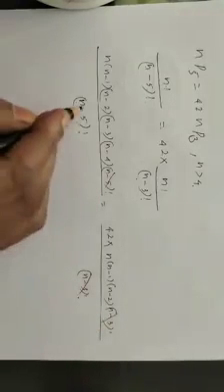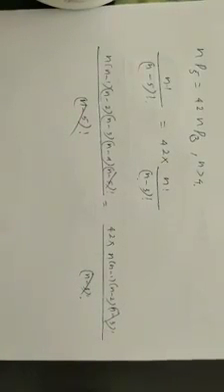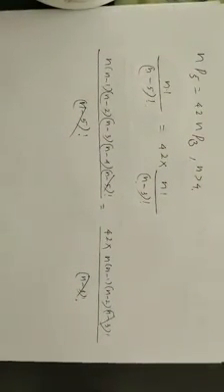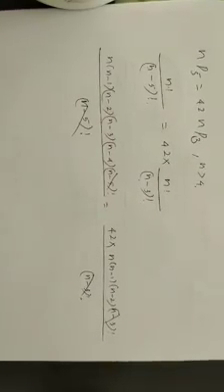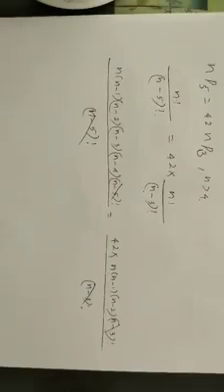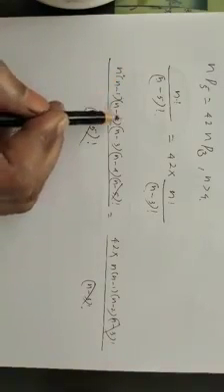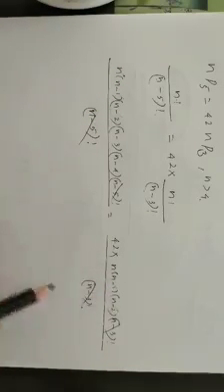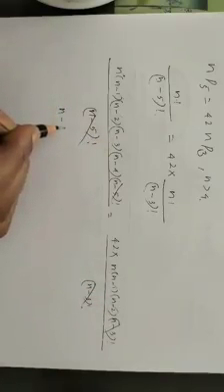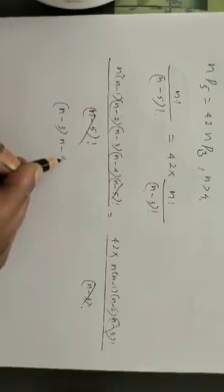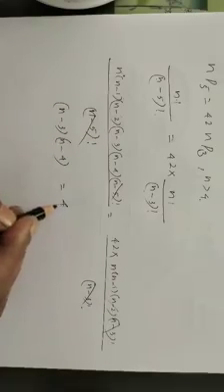From the numerator and denominator we can cancel n minus 3 factorial and n minus 5 factorial. And from the left side and right side we can cancel the common terms n, n minus 1 and n minus 2. Is it okay? And we will get n minus 3 into n minus 4 equal to 42.